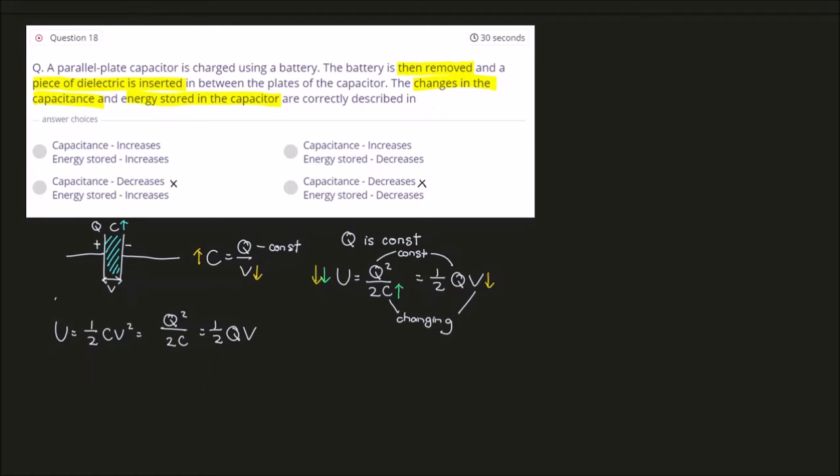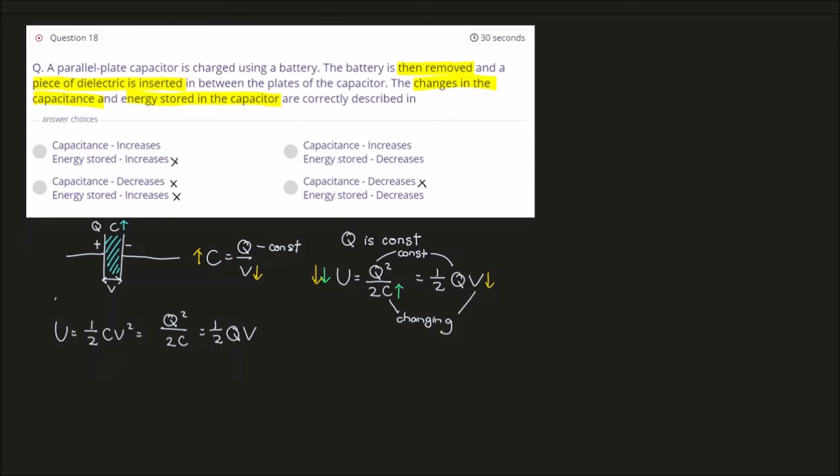There are many ways to get around it. It's just that if you use the equation which has one thing being kept constant, and you are left with one thing which you allow to change, then figuring out a relationship will be easier. So in this case, the energy stored U actually decreases. So anything with increases should be wrong.